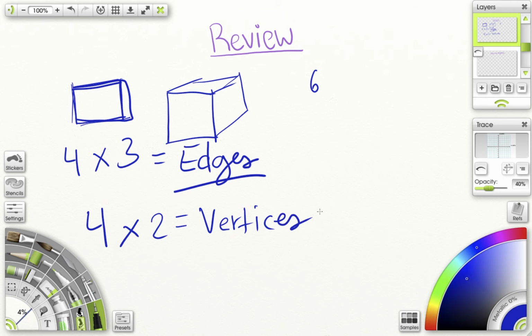So in this case, I took 4 times 3. That means there are 12 edges on a cube. 4 times 2 means that there are 8 vertices on a cube. And we know there's 6 faces because I take the number of the base and I add 2 to get the number of faces. And that's all there is for that.